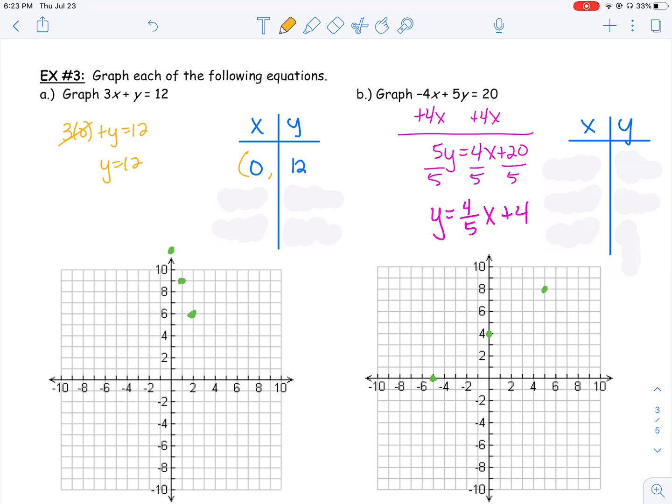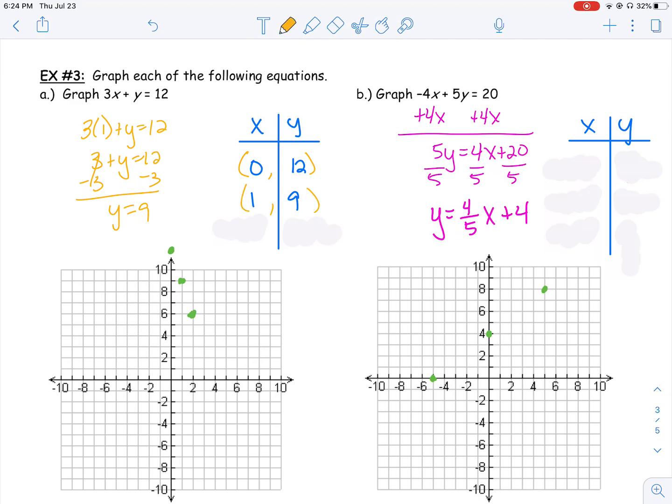So that means there's an ordered pair, a solution to the equation: 0, 12. Let's do that a few more times with a few more coordinates. Pick another coordinate. You can pick a y or an x. I'm going to go ahead and pick another x. Let's pick 1. If I plug in 1 for x, I should be able to solve it for y. I ended up getting y equals 9.